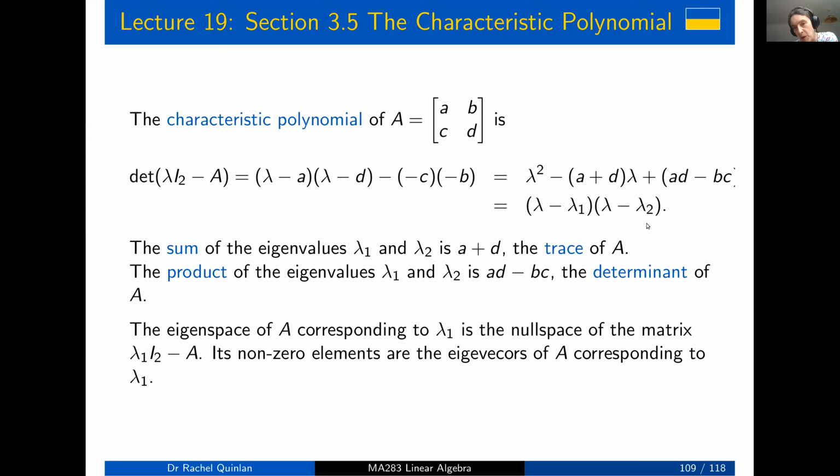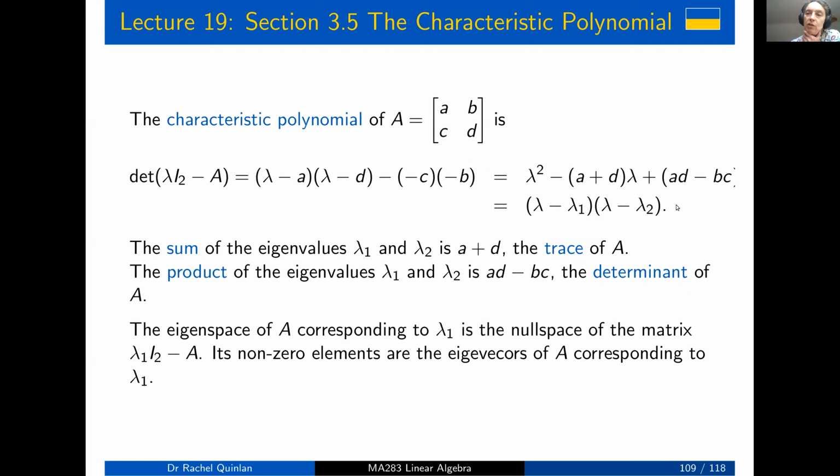And if we expand this product and compare the coefficients to the version written in terms of the entries of the matrix, then we can observe that the coefficient of lambda in this latter product is minus lambda 1 plus lambda 2, which is minus A plus D, so that lambda 1 plus lambda 2, the sum of the two eigenvalues, is nothing but the trace of the matrix A. And we can also observe that the product of the two constant terms, lambda 1 lambda 2, should be equal to the constant term up here, which in terms of the entries is AD minus BC.